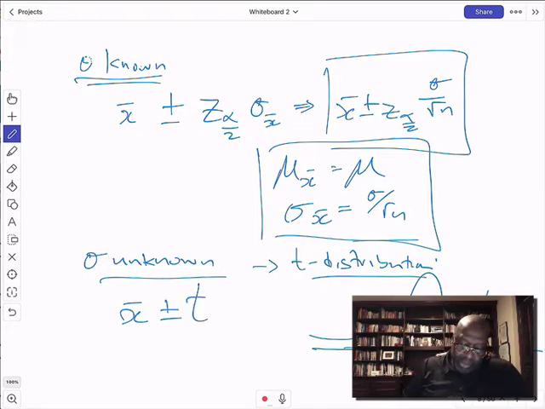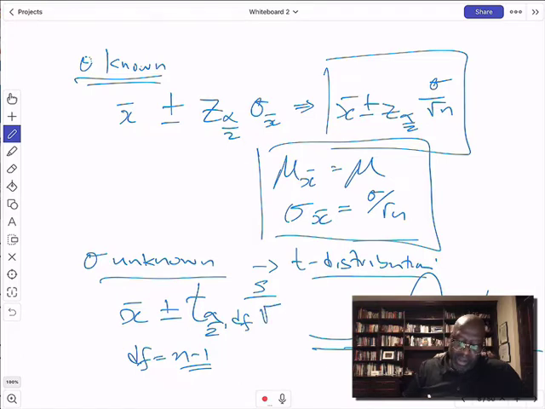So t alpha over 2, and I'm going to explain alpha over 2 very shortly, bear with me. But this time we need something called the degrees of freedom to know which of those t distributions to use. The degrees of freedom for our case is given by n minus 1, and then we replace sigma over root n. Since sigma is unknown, we will use s over root n.